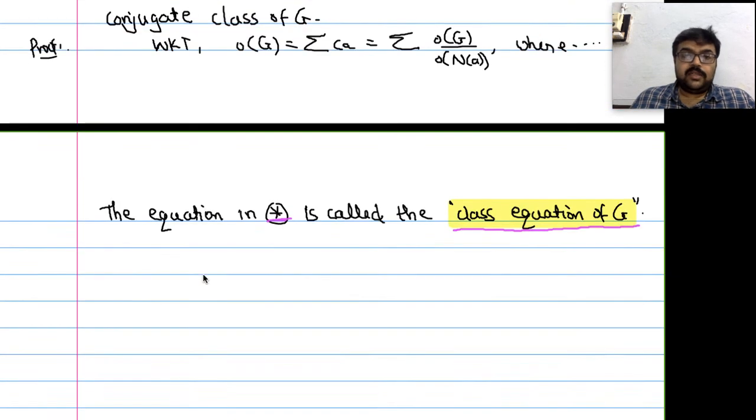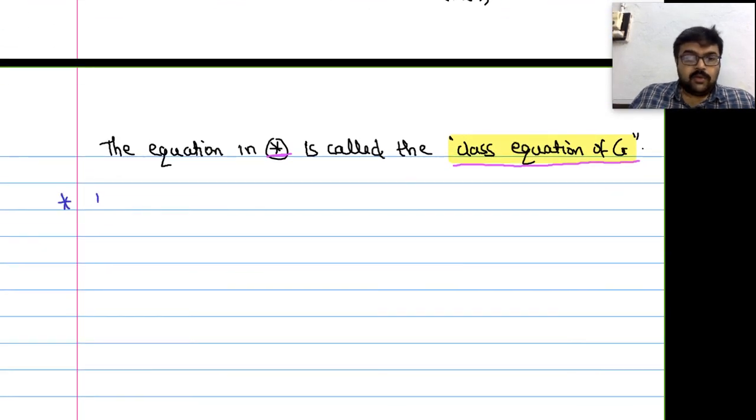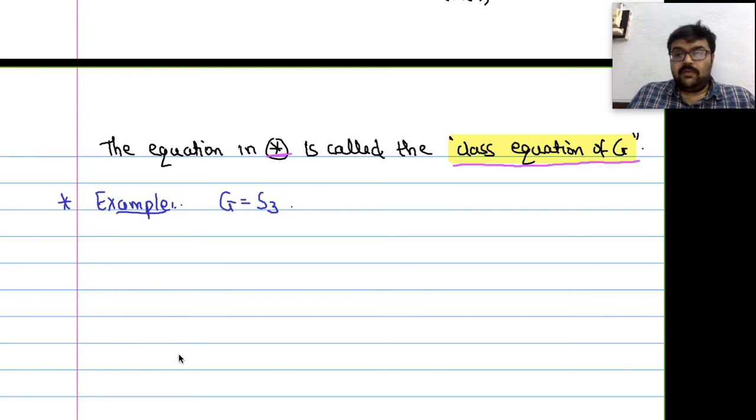Let us consider the example of S3. So we have done so much theory, now what about Na and Ca? Let us do an example based on this. So consider G equals S3. Of course, we are taking S3 because in an abelian group none of this is interesting. In an abelian group we are not going to get any conjugate other than the element itself.